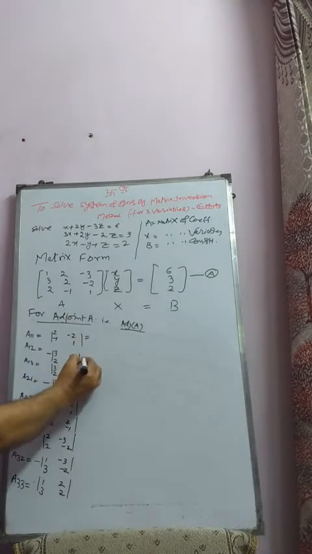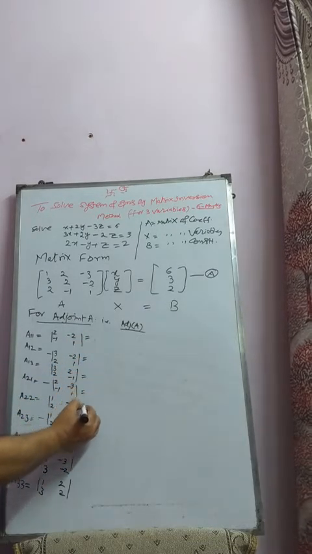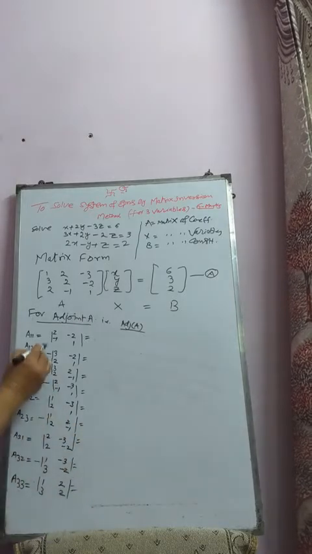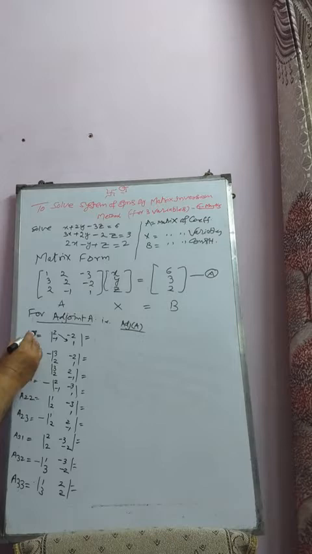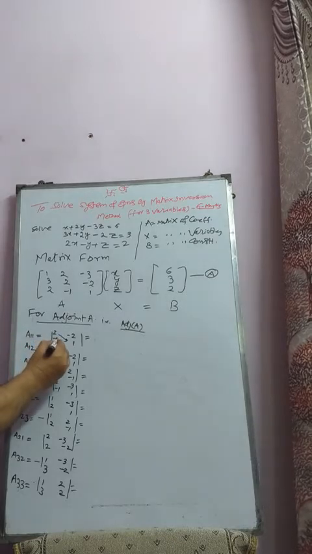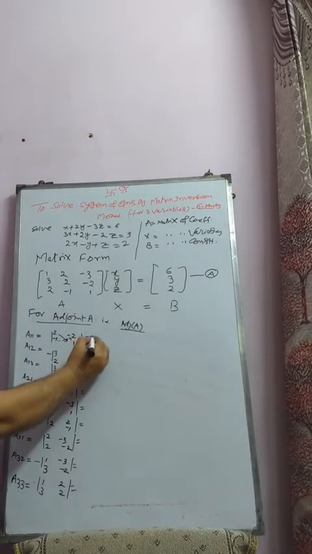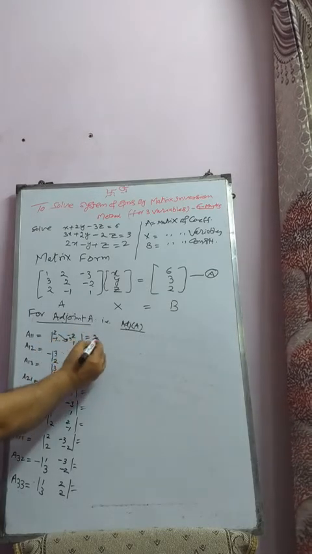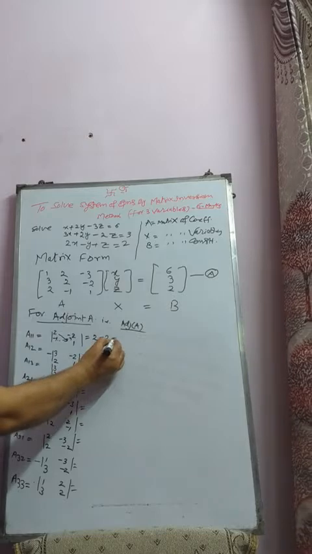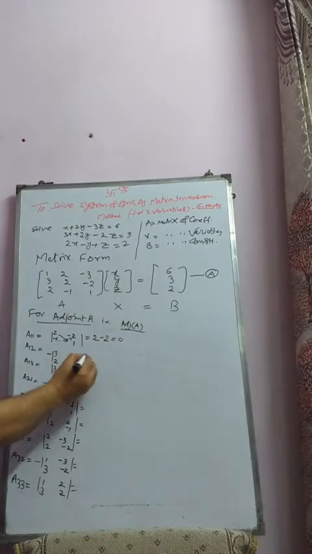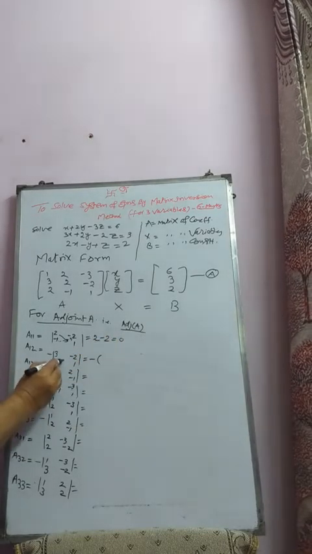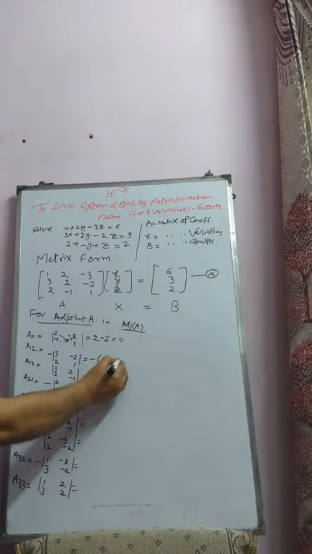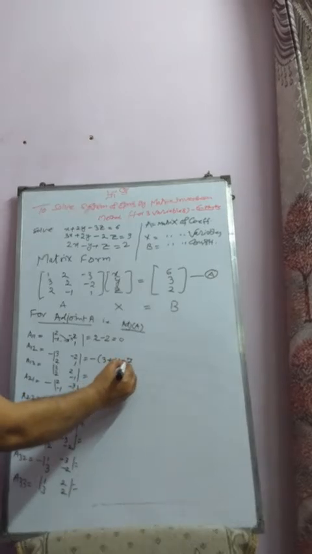Now we are simplifying these determinants. First, this product, as usual, changing the sign: 2 into 1 2, product is minus 2, and we are taking minus extra, so minus 2, that is 0. Again minus outside 3, product is minus 4, so changing the sign plus 4, that is equal to minus 7.